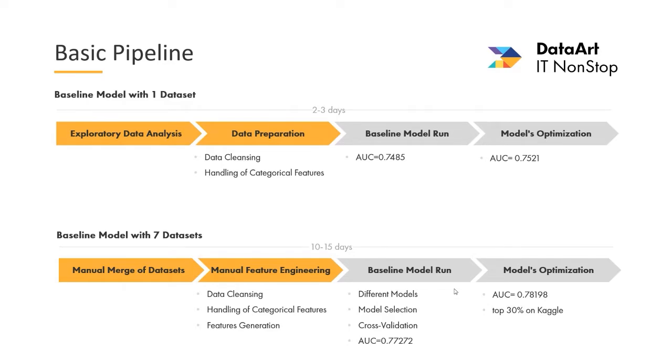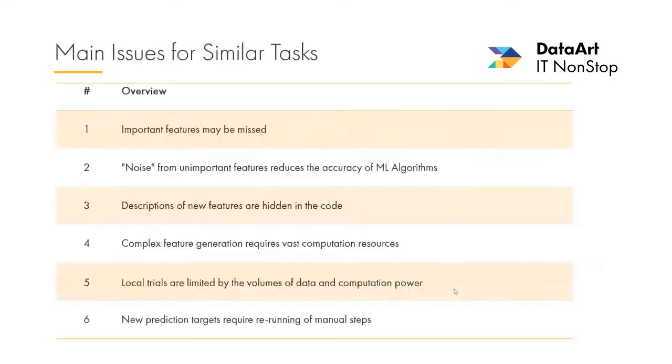The stage was also enough for us to understand which most common issues we can face in such or similar tasks. First of all, as we manually merged data sets and tried feature engineering, we realized that we may be missing, and were missing, important features. That's on the one hand.